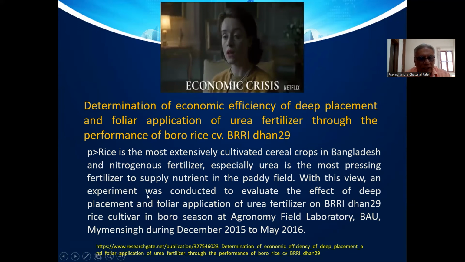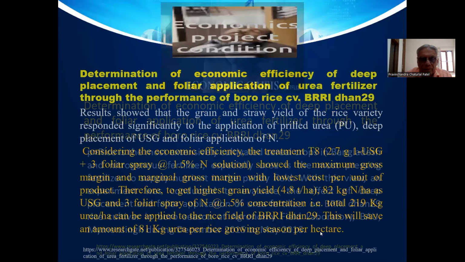With this view, an experiment was conducted to evaluate the effect of deep placement and foliar application of urea fertilizer on the BRRI Dhan 29 rice cultivar in boro season at the Agronomy Field Laboratory, Bangladesh Agricultural University, Mymensingh, during December 2015 to May 2016.